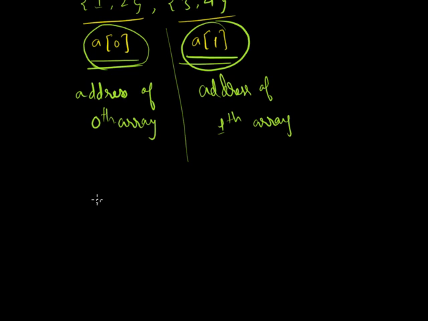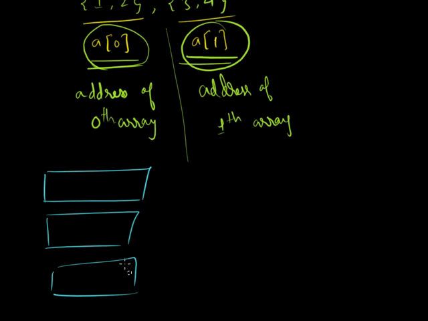Let's say we have the first one, the second one and the third one. So we have 1, 2, 3, 4, 5, 6. So we have 3 rows in our array and each row contains 2 elements.